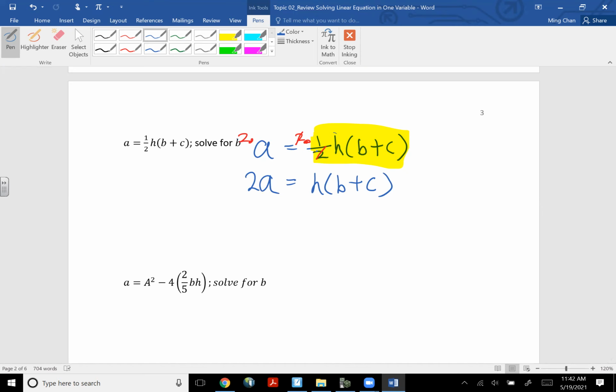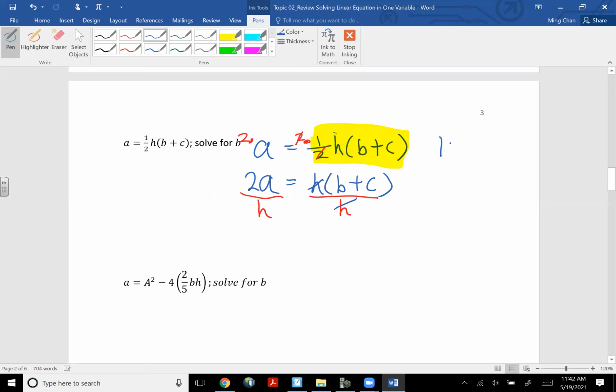So from here, to solve for B, I can distribute my H and then start moving terms. Or since I only have two terms, here's a little trick. What I can do is divide both terms by H, because the top H and bottom H cancel out.